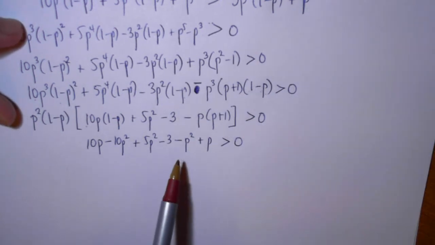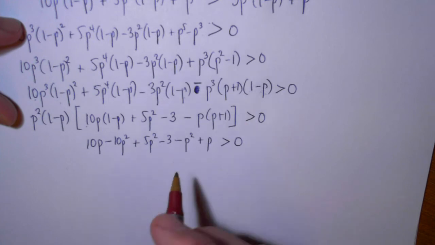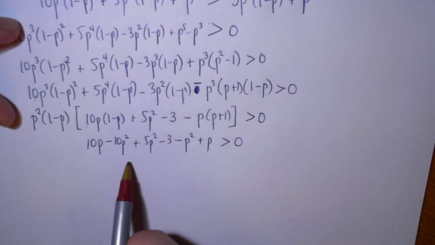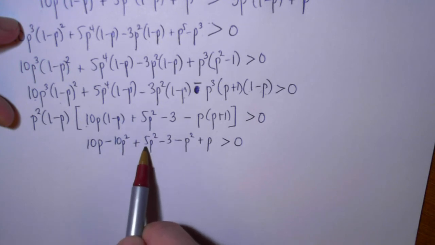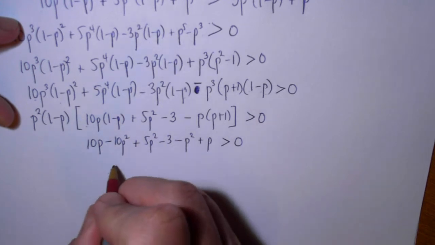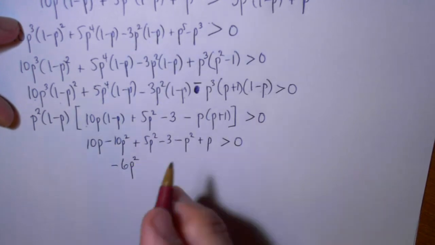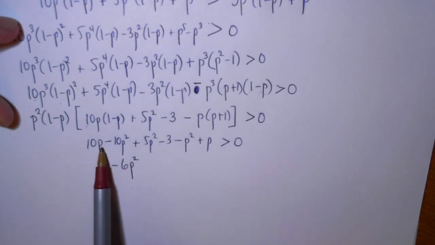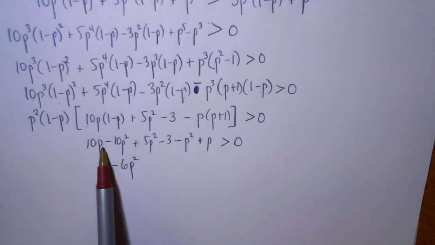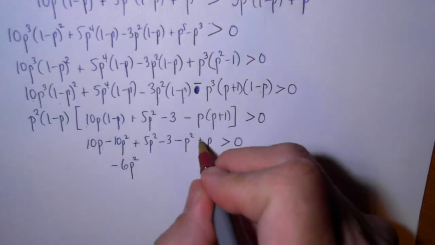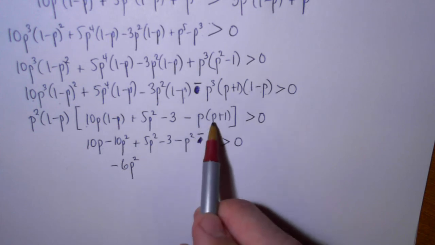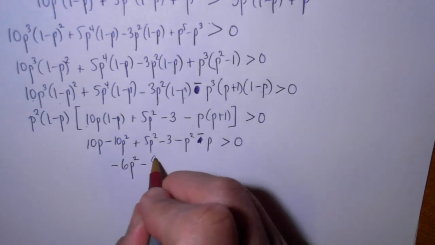And so let's collect terms. We have minus 10p squared plus 5p squared minus p squared. So that's minus 6p squared. Then I have 10p, and this should have been a minus here, I apologize. 10p minus p gives me minus 9p.